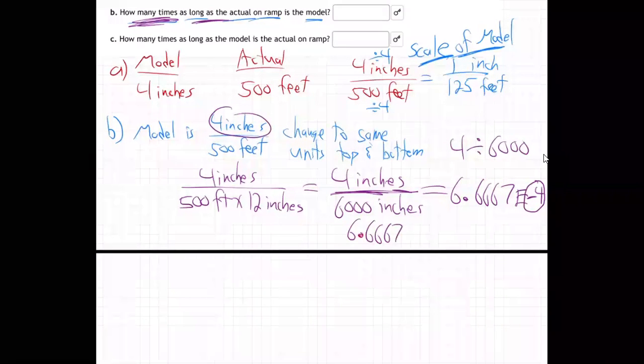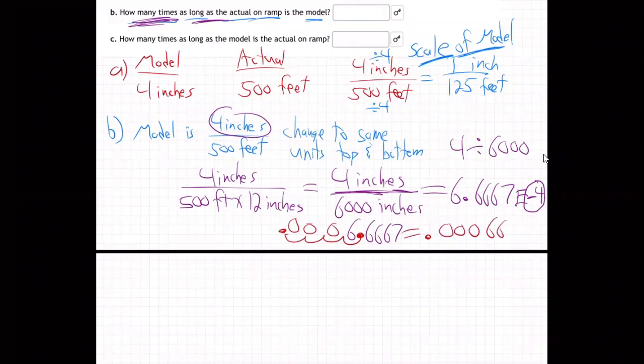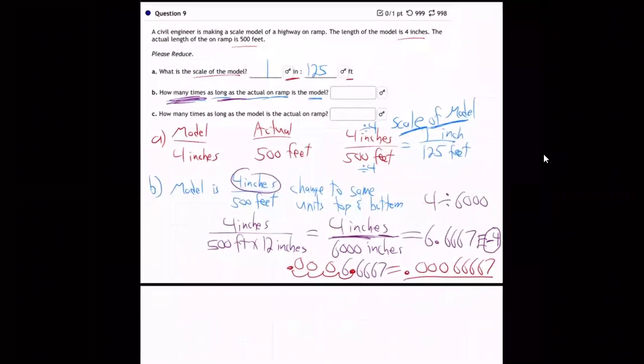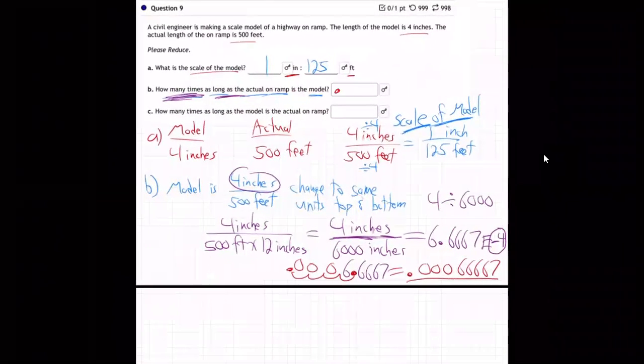You've got to take that decimal and go 1, 2, 3, 4, and that brings in 3 zeros. So it's 0.0006667. There it is. I don't know how many decimals they want. That's plenty, I'm sure. 0.000, 3 6s and a 7. Yeah, you probably better use about that many.